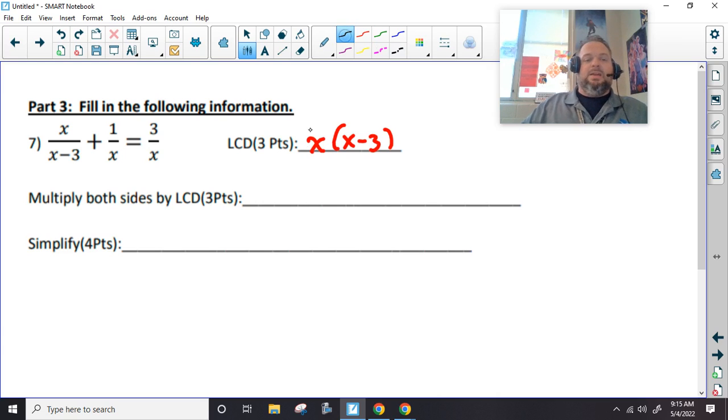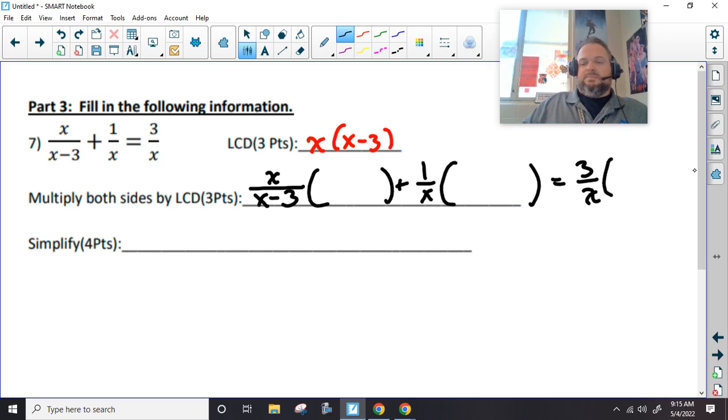Now, these other 2 parts are actually just setting it up. So what I'm doing is I'm multiplying everything in here by the LCD.